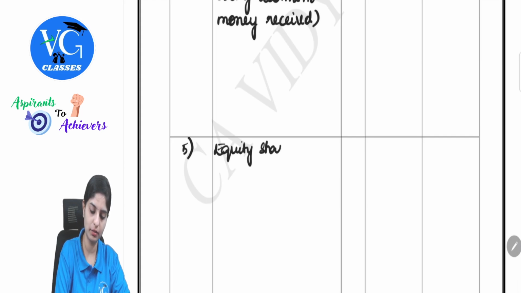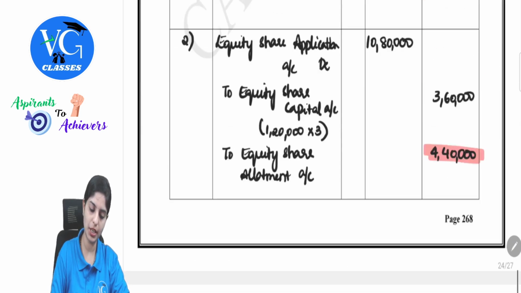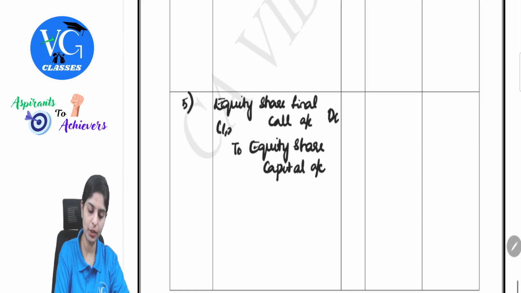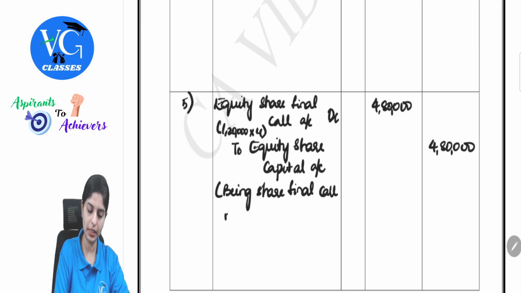Equity share final call account debit to equity share capital account. Total number of shares was 1,20,000. Call money was 4 per share. So this will be 1,20,000 into 4. That is 4,80,000. Being share final call money made due.